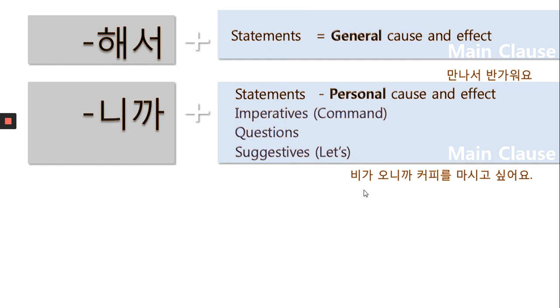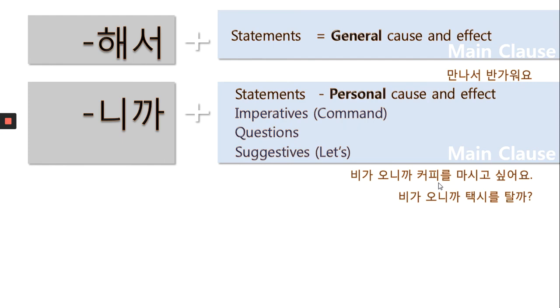Okay, generally for me, when it rains, I want to have coffee. That is general cause and effect. Do you understand? So that can be personal and or general. So as I say, it's hard to judge. Okay, so 비가 와서 it's also 괜찮아요. Not bad.